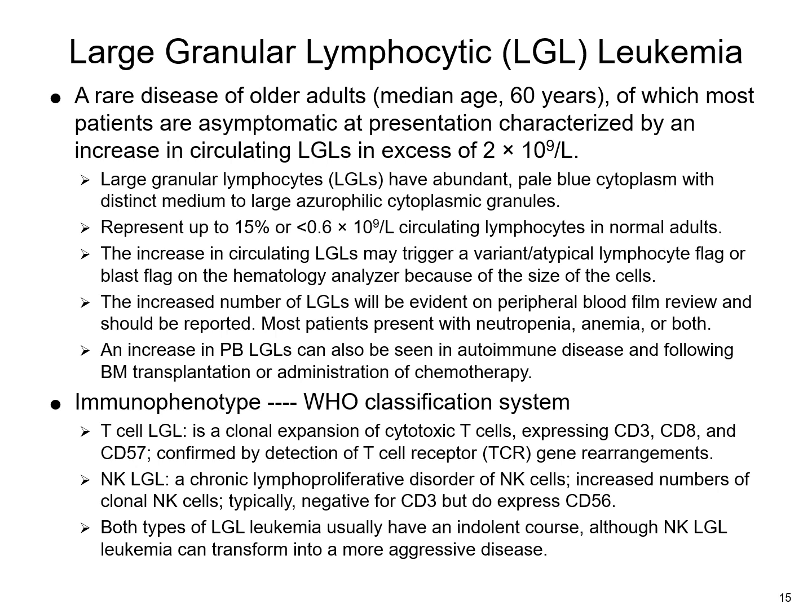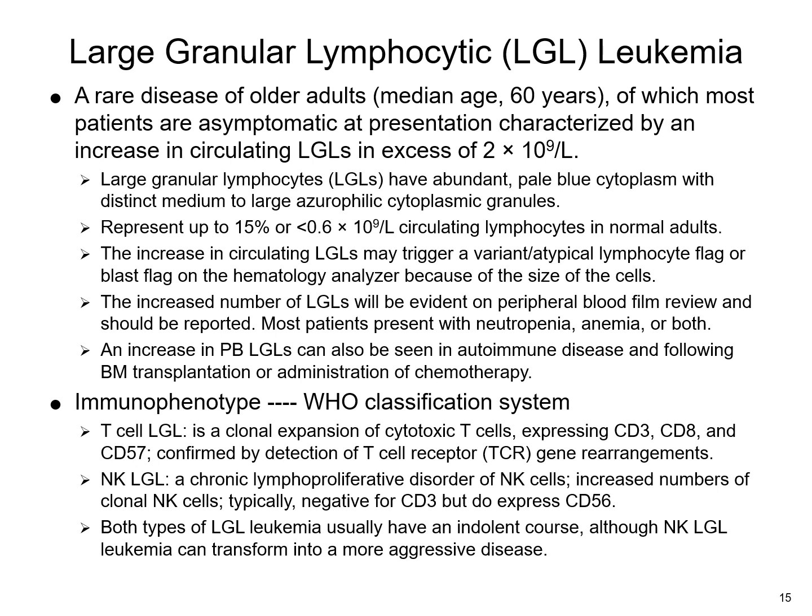Of course, doing the immunophenotyping using that WHO classification system is going to be pertinent to make this diagnosis. The disorder is categorized into two different types. You can have a T cell large granular lymphocytic leukemia, or you can have a natural killer cell large granular lymphocytic leukemia. With both of these, you're going to be looking for particular markers.